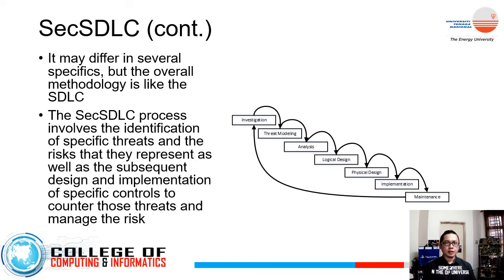So in SecSDLC, although the name is closely similar to SDLC, the activities inside it are entirely different. It is starting from the asset identification. From the asset, you identify what are the threats or risks related to the asset, and then identify the proper security measures in order to protect the asset from the risk and threat that you have identified.